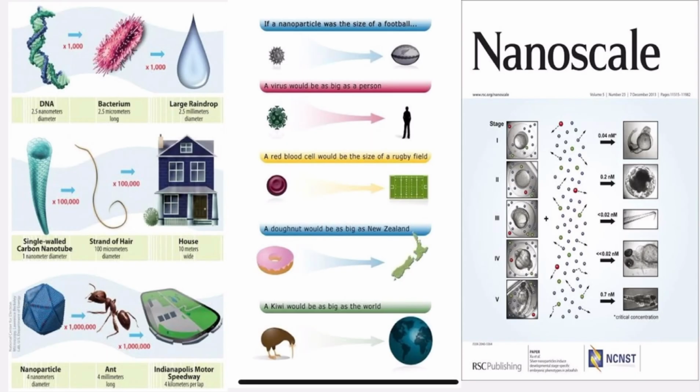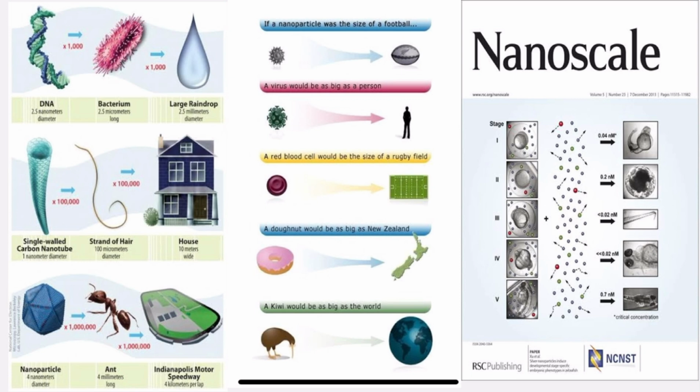So, here is an example kung gaano pa kaliit ang isang nanomaterial or nanoparticle. So, sabi dito, if a nanomaterial was the size of a football, then yung virus na napakaliit would be as big as a person. So, kapag i-compare mo ang isang football at isang person, makikita sa sizes nila na napakaliit at sobrang liit ng nanoparticle.